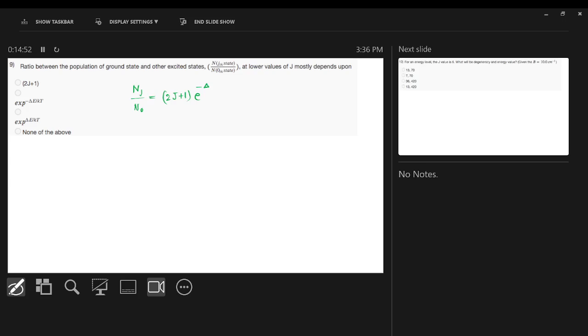I am writing delta E directly, instead of the expression for delta E. We plotted this kind of distribution and saw that initially term 1 dominates, and after some time term 2 dominates. So what this question is asking is, at lower values of J, this ratio will depend on this term. This will dominate.